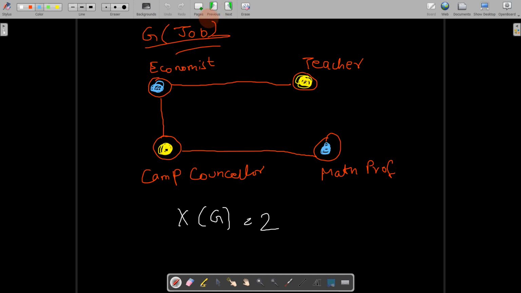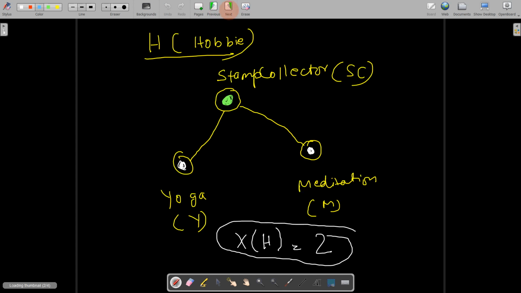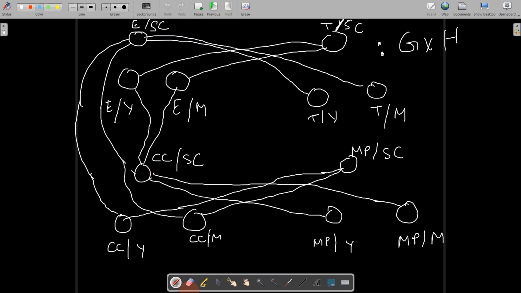So one algorithm, the lazy algorithm, could be that we color all the teachers and camp counselors, looking only at the job, with the same color, and all the economists and math professors with the same color, based only on the job graph.